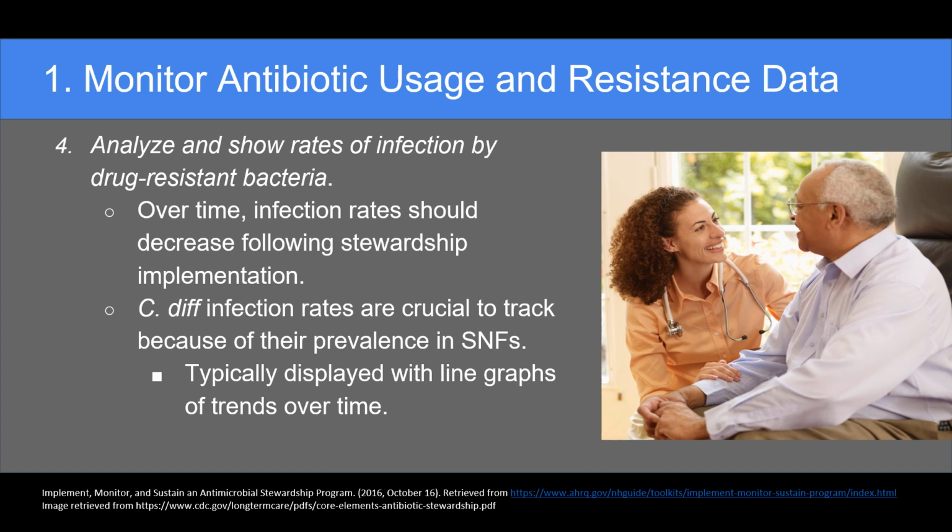Perhaps the most important one to track would be C. diff, of course, because C. diff is a pretty common high threat agent that we're seeing in the SNF community. And again, you don't need to go to a complicated extent here. You can just simply plot the information on an Excel spreadsheet, and you can show the line graphs over time, and it's pretty easy to tell if you're doing better or doing worse over time.